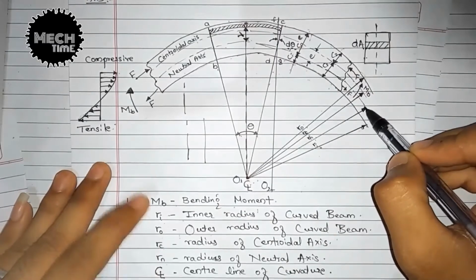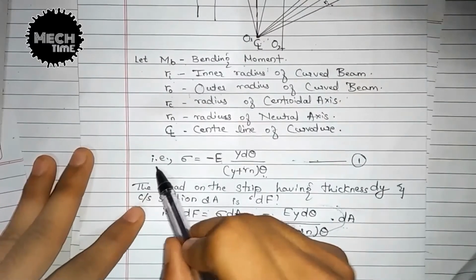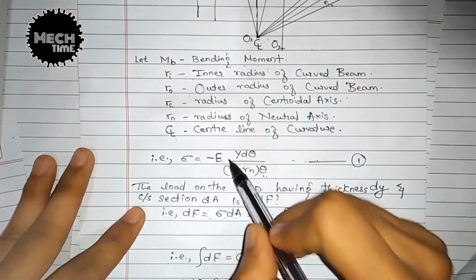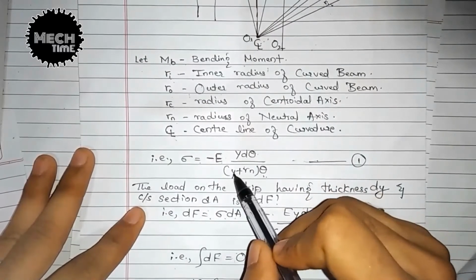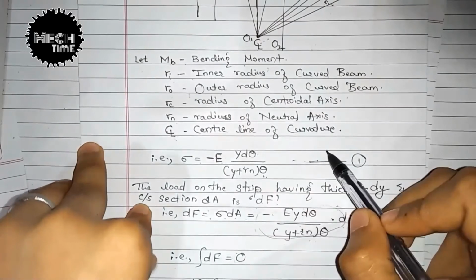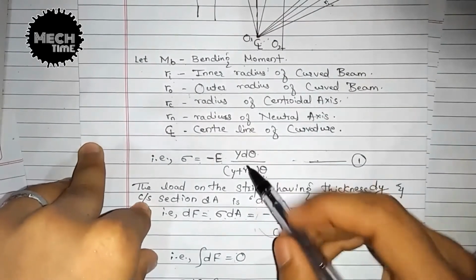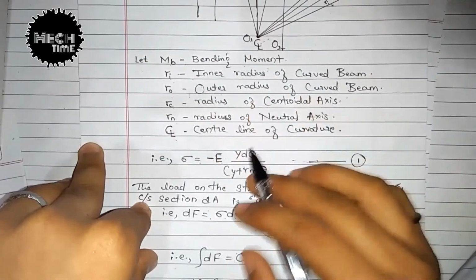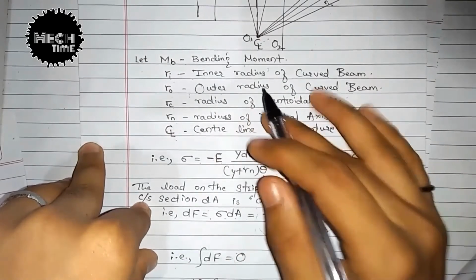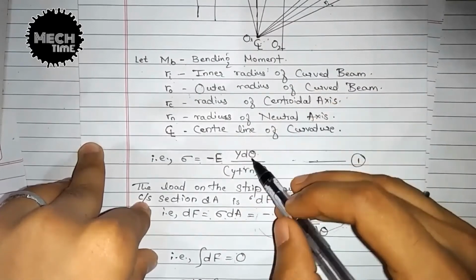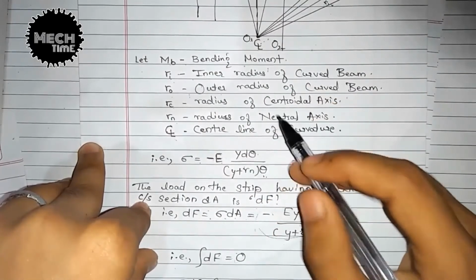Now as I told, sigma equals minus E y d theta by y plus rn theta. This is equation number 1. Since the fiber is shortened, the stress induced in the fiber is compressive stress, hence the negative sign I have taken here.